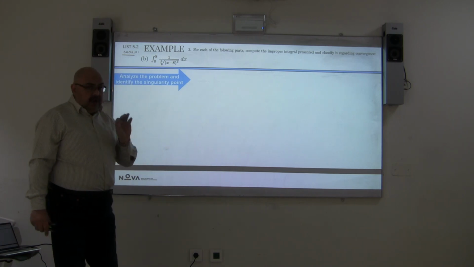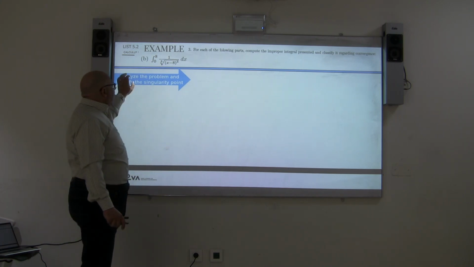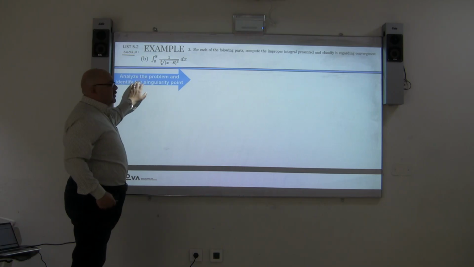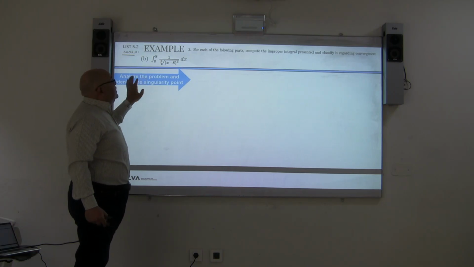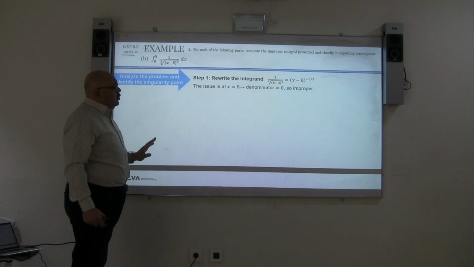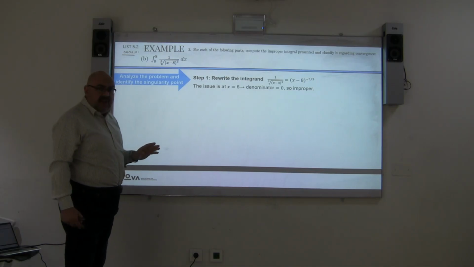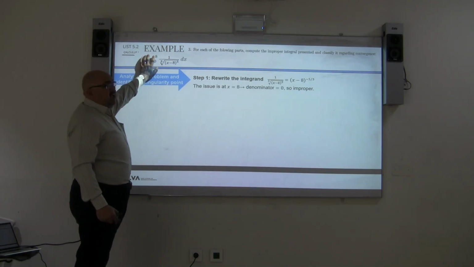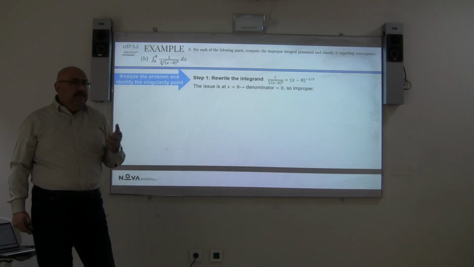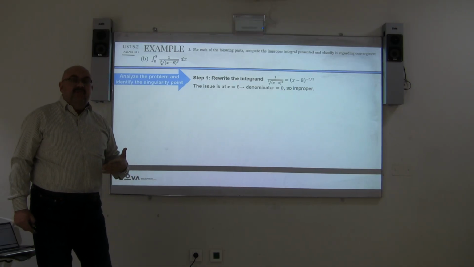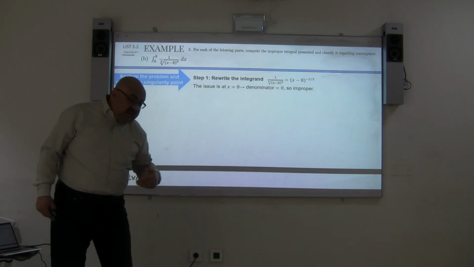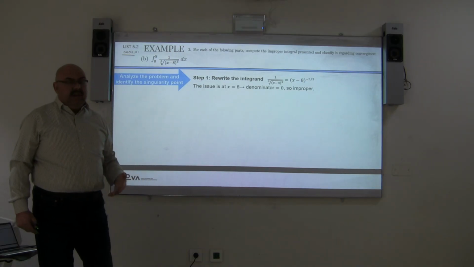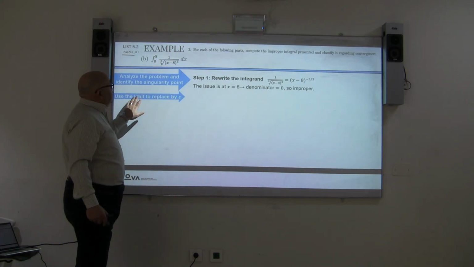So first of all, I need to analyze the problem and identify the singularity point. The second step, after doing this, which is going to happen at 8, I will replace my 8 by a constant, epsilon, t, whatever. Then drive this constant so that it tends to 8, which is going to give the problem. So now I'm using the limit.